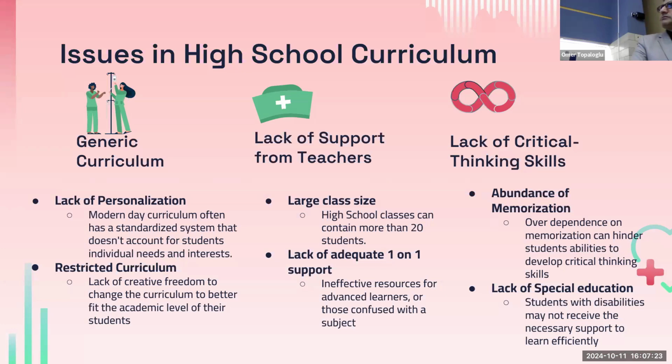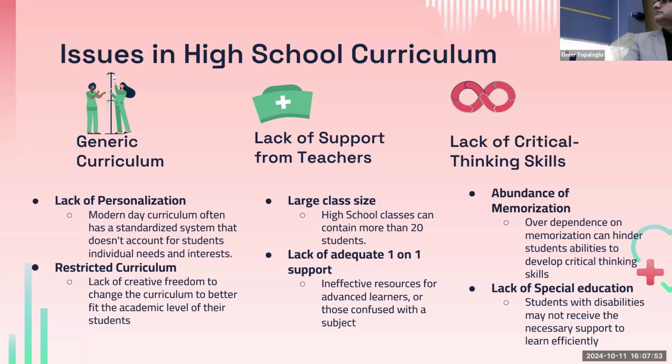Some of the issues with the high school curriculum are, one, a generic curriculum. High school curriculum usually has a standard educational system with a lack of personalization for specific students' needs and interests. It also has a restricted curriculum, which has a lack of creative freedom and does not fit the academic level of all students.